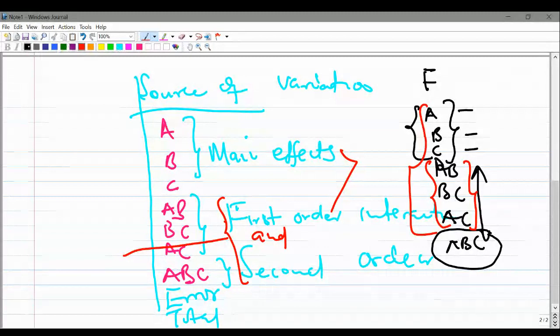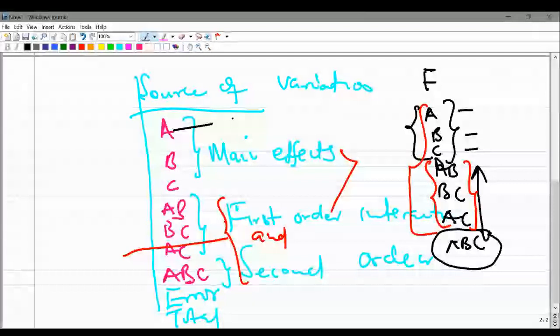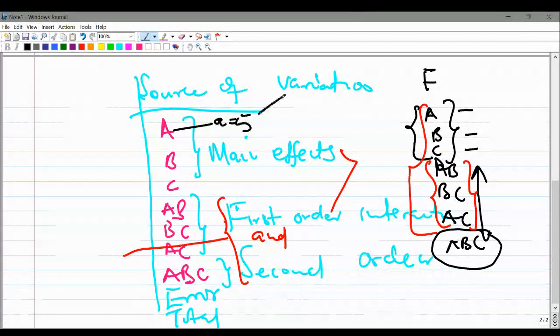These factors can come in different levels. You may find that for A, usually we use small letter a to represent the number of levels of factor A. If I say 5 here, it means under A you have A1, A2, A3, A4, A5.